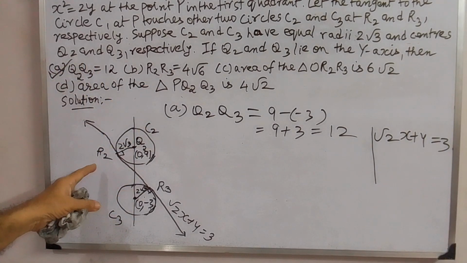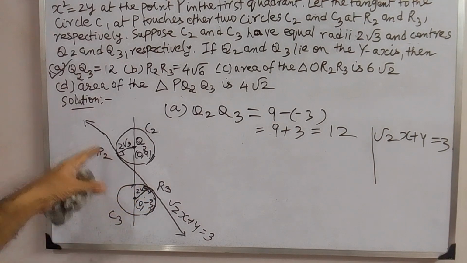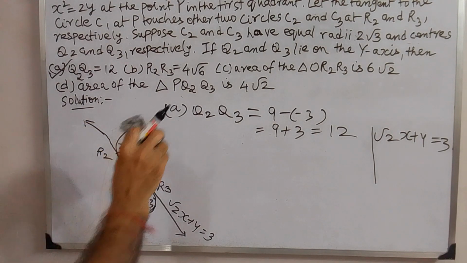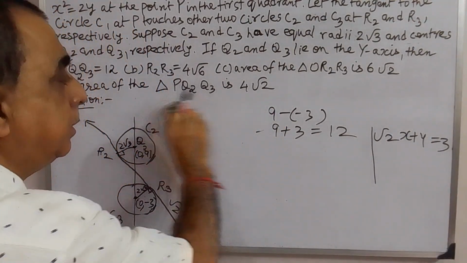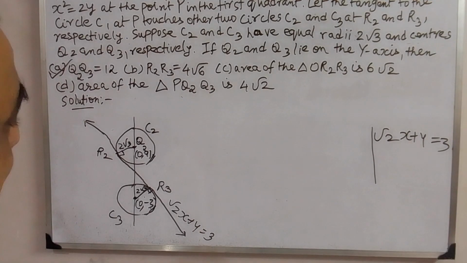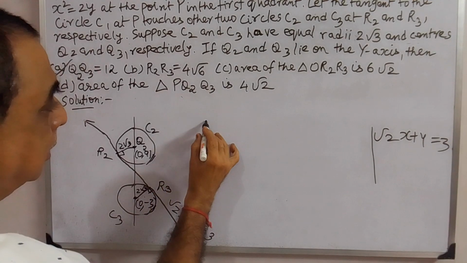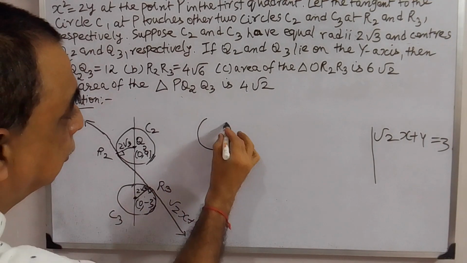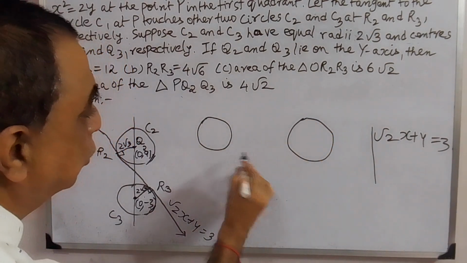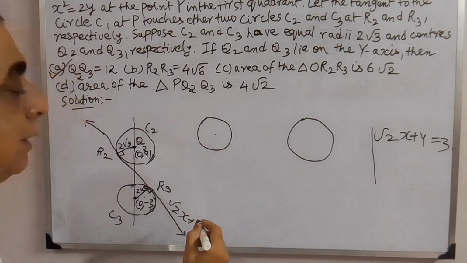Now you have to find R2 R3, the distance between R2 and R3. How will you find it? See here, these are the two circles. This is one circle, this is the other circle. Both their radii are equal.